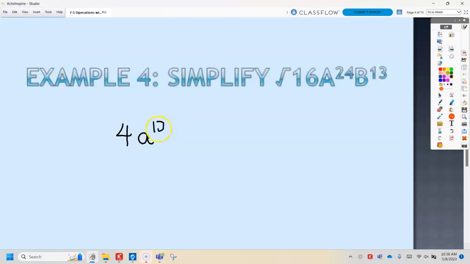So we divide 24 by 2 to get 12. B, however, is not a perfect square because it is raised to an odd exponent. So we would think of b to the 13 like b to the 12 and b.